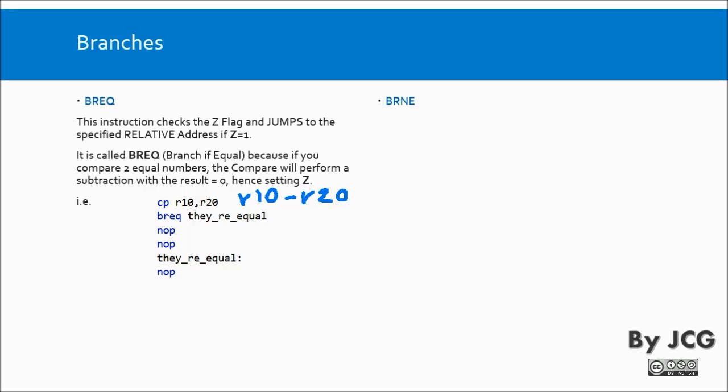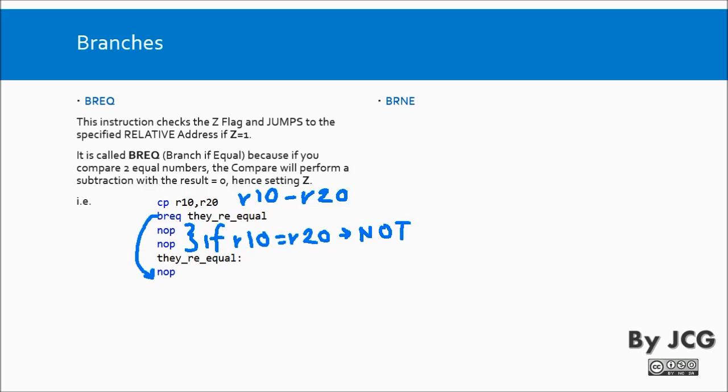If zero is turned on, then it means that both registers are the same. And if they are the same, this instruction is going to jump to this nop. So if register 10 is equal to register 20, these two instructions are not going to execute.